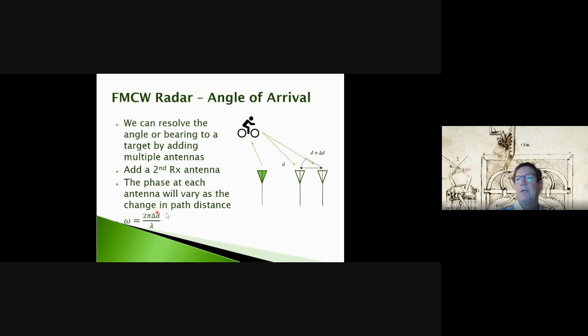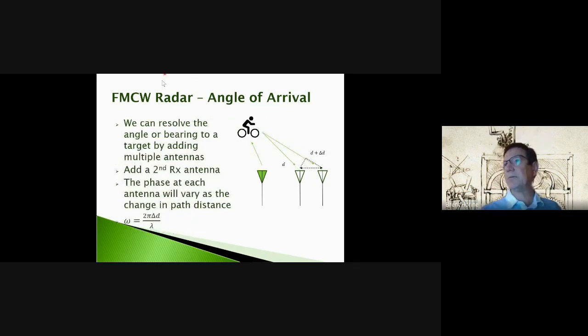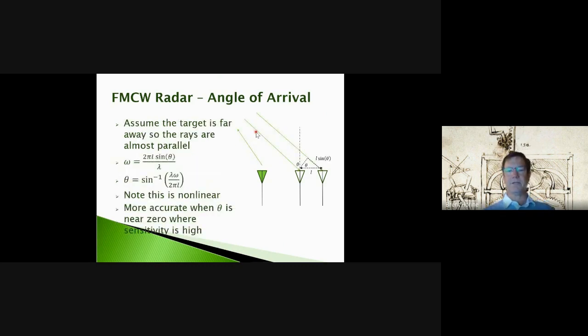So we lose that factor of 2 that we saw in the analogous earlier slides. Now that's a terrible drawing because it's not to scale, right? So this is a little bit more to scale, meaning that these antennas are really closely spaced together compared to how far away this target is, right?